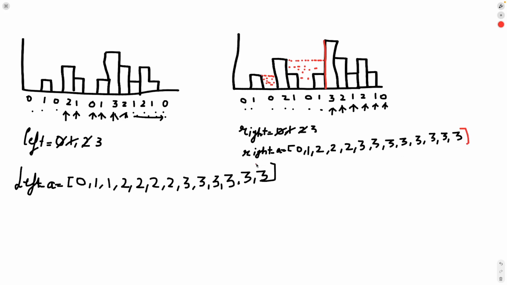So my new right array becomes 3, 3, 3, 3, 3, 3, and then 2, 2, 2, 1 and 0.